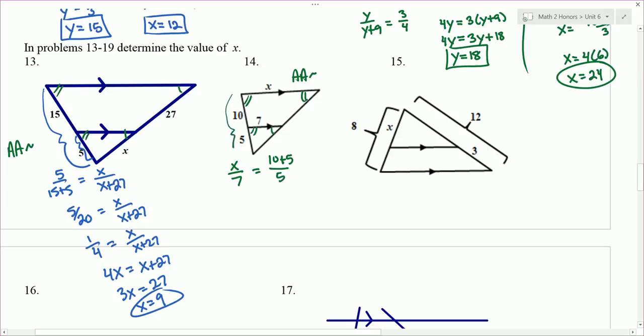So big to small. 10 itself is not a side length of a triangle. So this is 15 over 5, which reduces to 3 to 1. So x over 7 is equal to 3 over 1. Cross multiply, x is equal to 21.